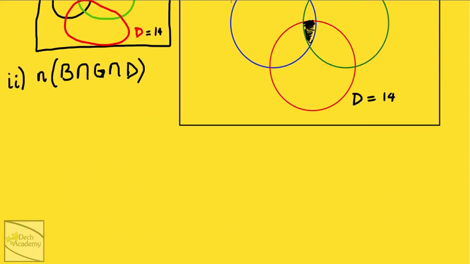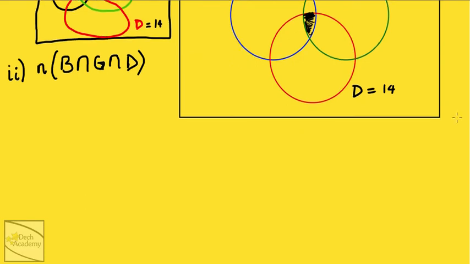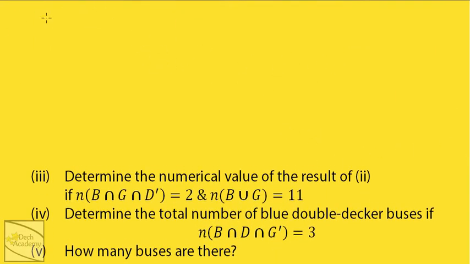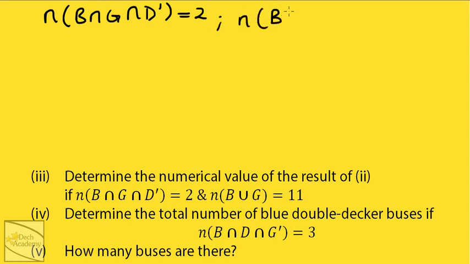Let's use the information we've been given. We're told that this is 2. I'm also told that the number of elements in B union G is 11.